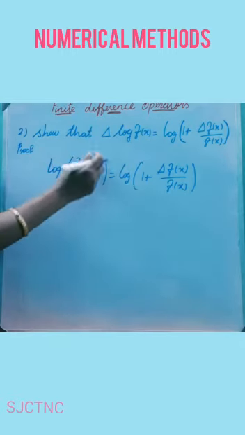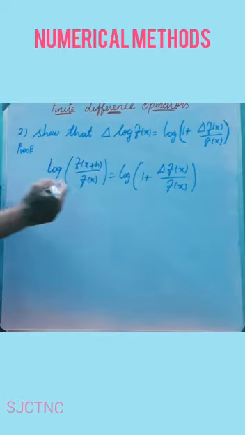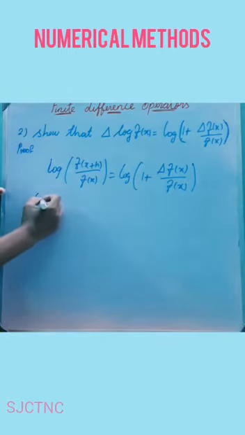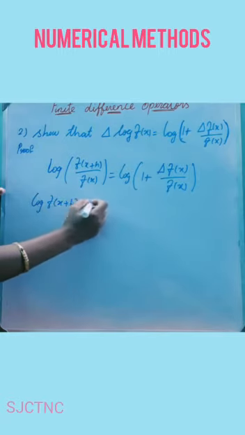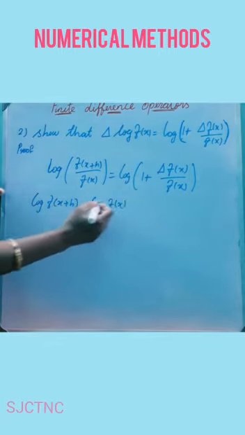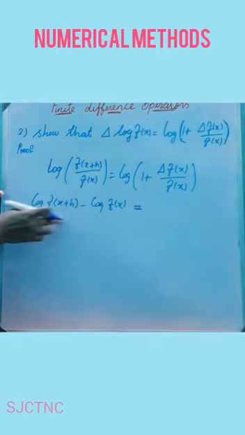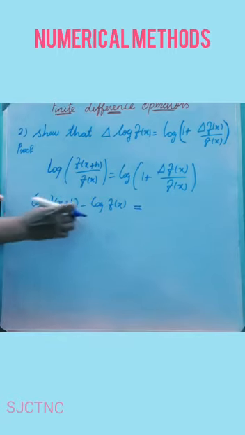Here there is a fraction, log of a divided by b. You know, log of a divided by b is nothing but log a minus log b. So you can split the value: log of f of x plus h minus log of f of x, and it is similar to the formula of the forward differencing operator.